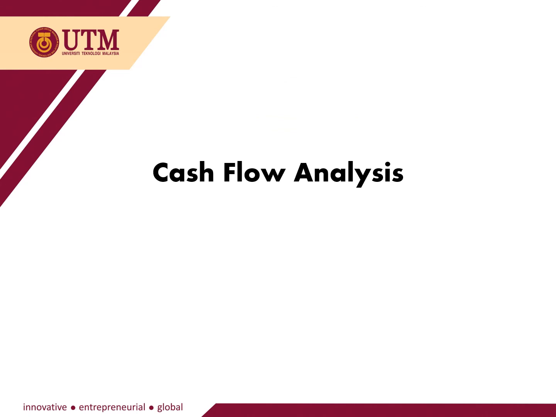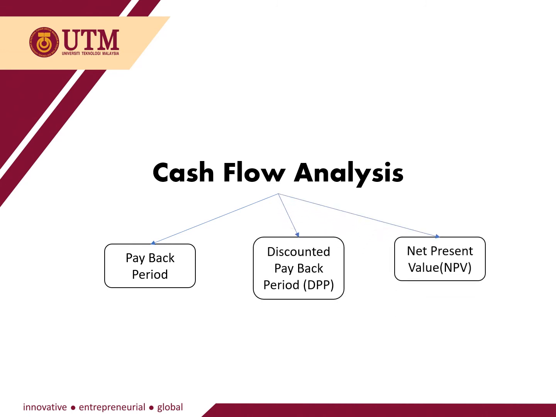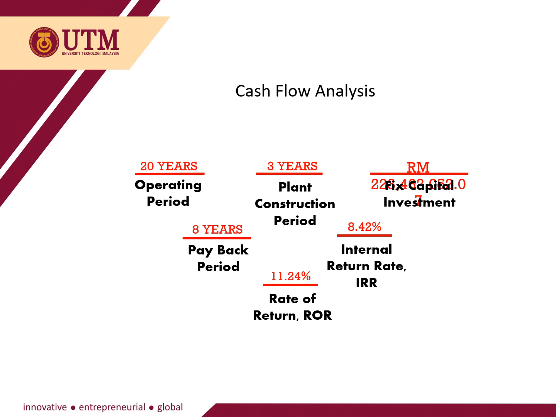Next, we will talk about the cash flow analysis. The profitability analysis of a cash flow series is to determine the payback period, the discounted payback period, and the net present value. So this is a summary of our cash flow analysis. We are assuming the plant to operate for 20 years, excluding 3 years for the plant construction, with a fixed capital investment of 223 million.